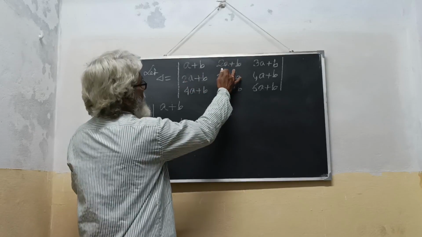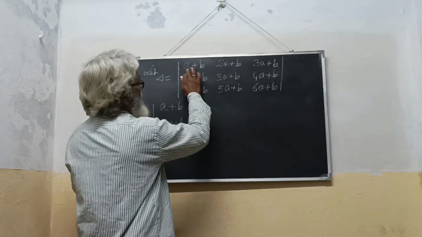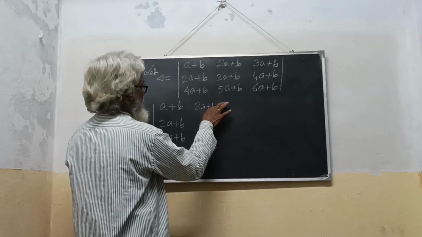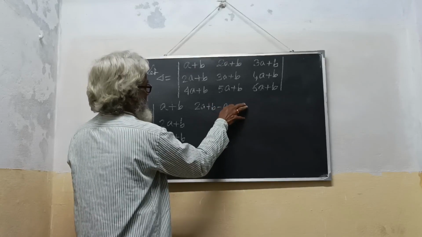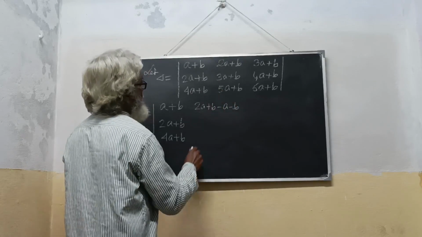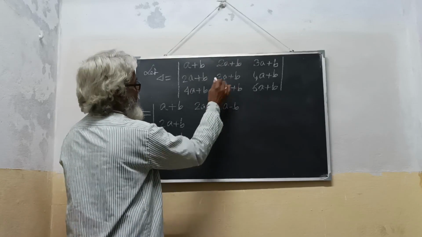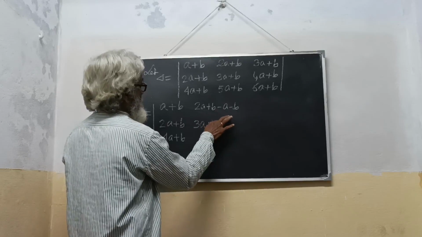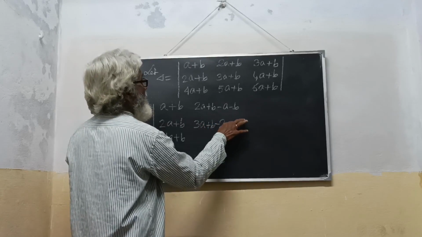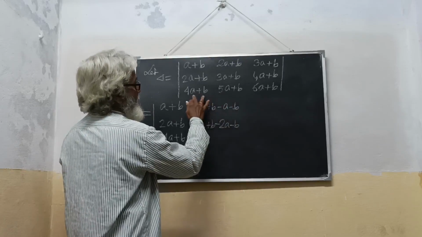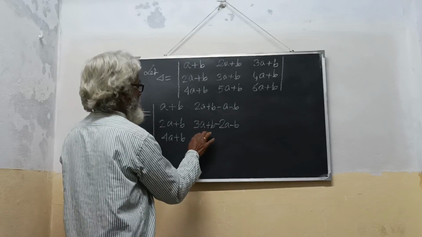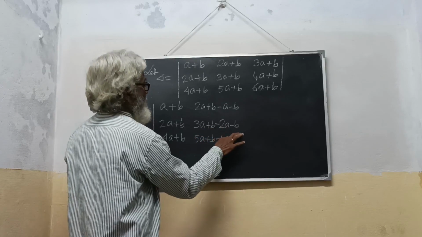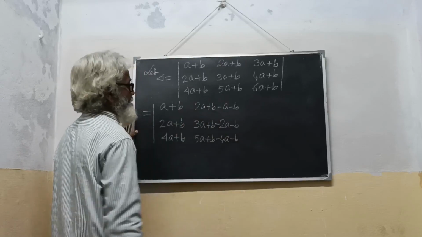subtract this from this: 2a plus b minus a minus b. Subtract this element from this element: 3a plus b minus 2a minus b. Subtract this element from this element: 5a plus b minus 4a minus b.